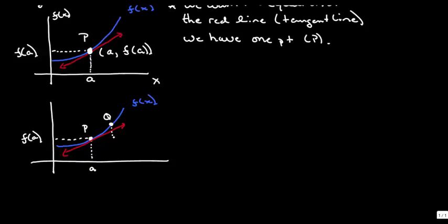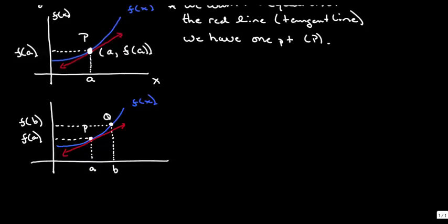Now Q also has an x value and a y value, but we know what they are. Okay, so let's say Q is at a length of b over, so this length right here is b, that's its x value. Its y value, its height, is f of b.